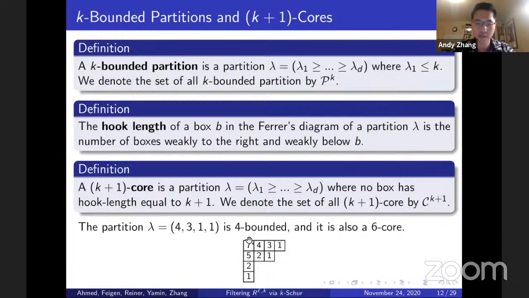If we look at this box, its hook length is 7 because there are 3 boxes to the right and 3 boxes below it, and if you also count itself, you get 7 boxes.